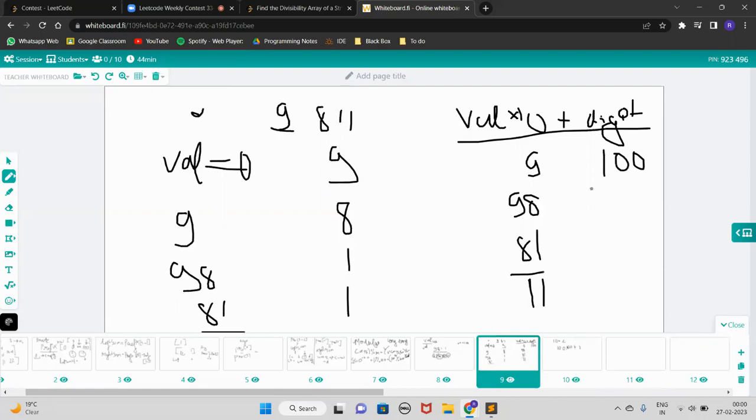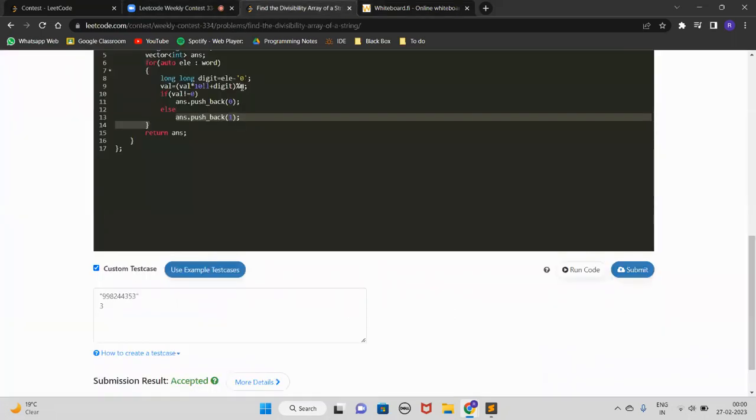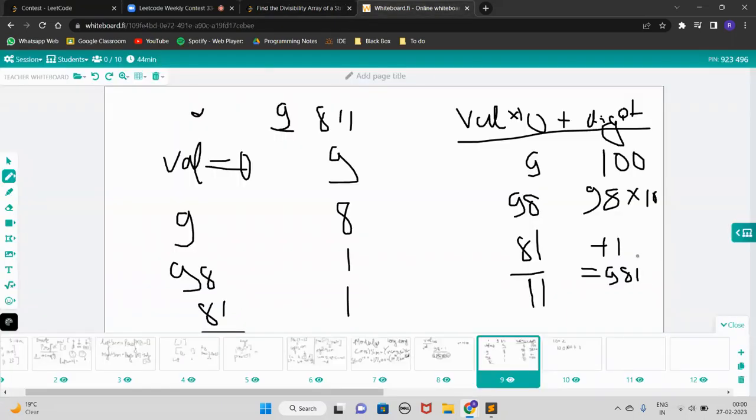Okay. So 98 into 10 plus 1 would be equal to 981. Now, what we are doing over here in our code also is we are doing it mod m. So 981 mod 100 is now returning us 81.